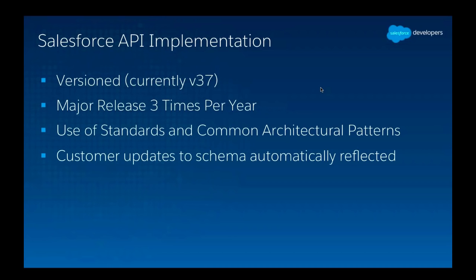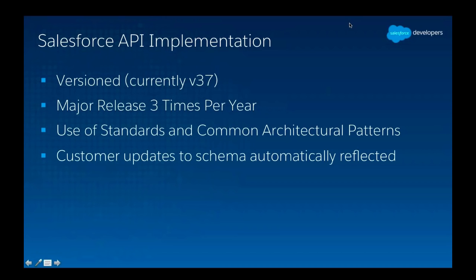We try to use current standards and common architectural patterns as much as possible. Some common standards that we support are things like SOAP and Bayeux, and a common architectural pattern would be something like REST, of course. And when you update your schema, your object model in your Salesforce environment, we will automatically reflect that in our core standard APIs.